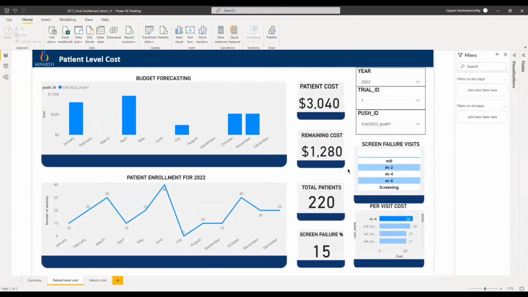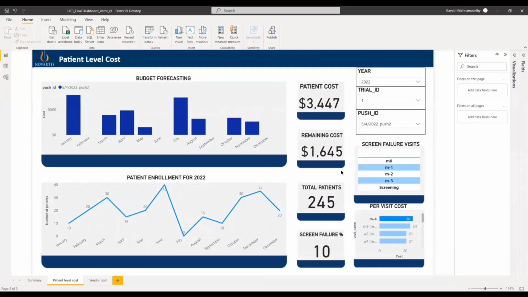Now, whenever there are any changes in any of these metrics, for instance, the CROs or vendors realize that they need more patients for the trial, or they are experiencing a slight decrease in the screen failure percentage, they send across this updated data, which is entered as a new push. So let's look at push 2.